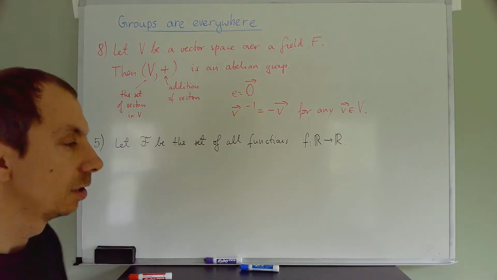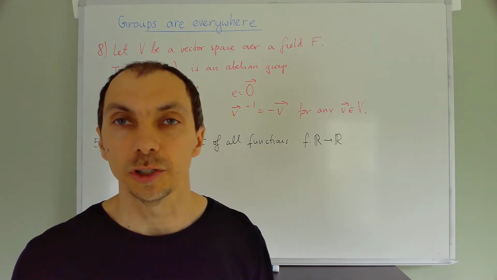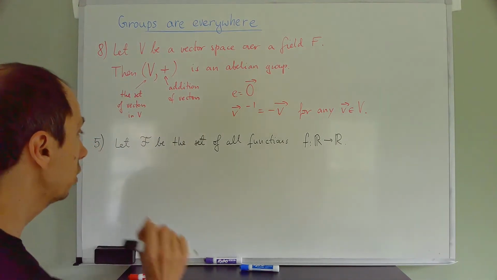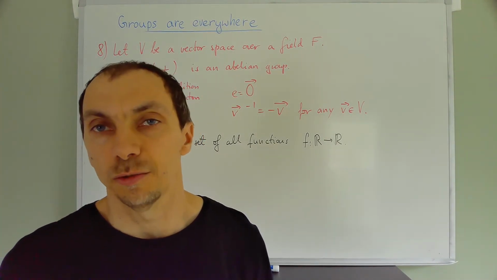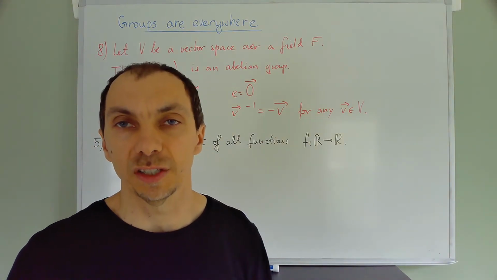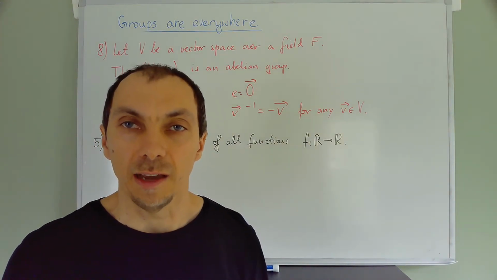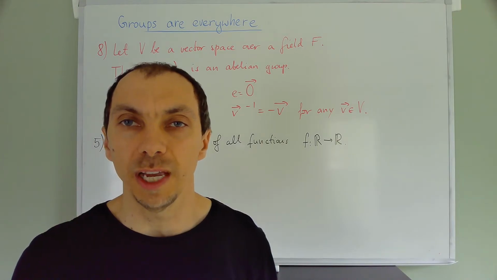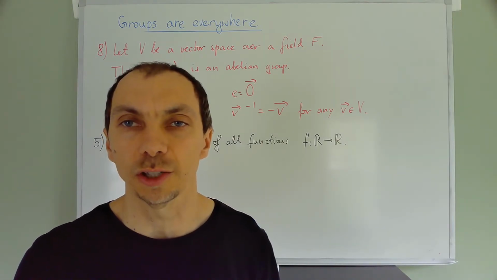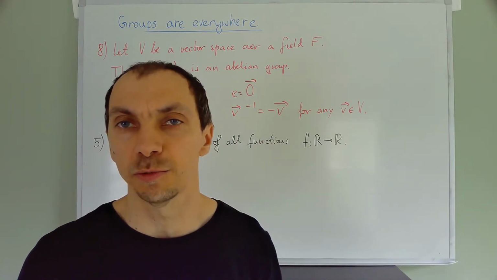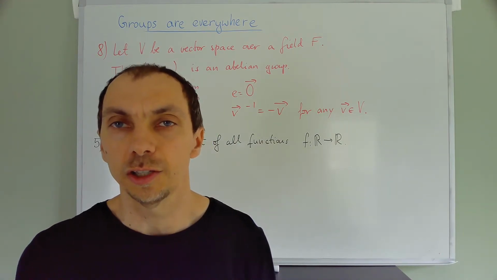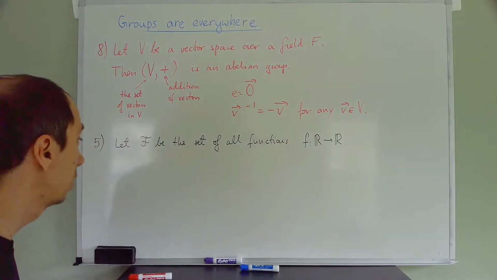Any function, not just continuous functions, any function from R to R. And I just consider the set of all such. So, f of x equals x squared, f of x equals x cubed, f of x equal to 1 when x is rational and 0 when x is irrational, f of x equal to 0, so constant function, f of x equal to 7, another constant function. These are all examples of such functions.